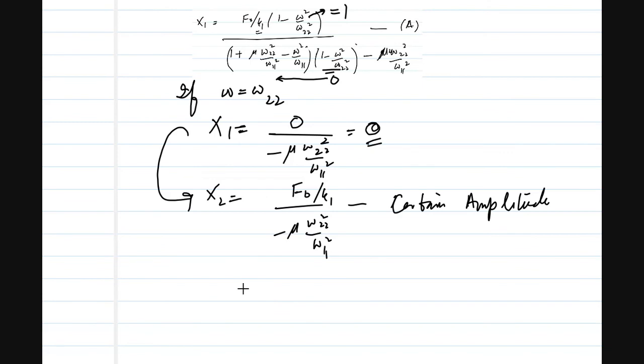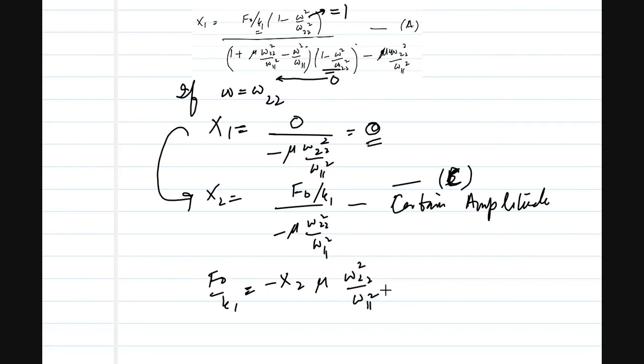If you look at this equation C, if I just simplify that, it becomes f naught over k1 equals x2 times mu omega 2 square over omega 1 square.